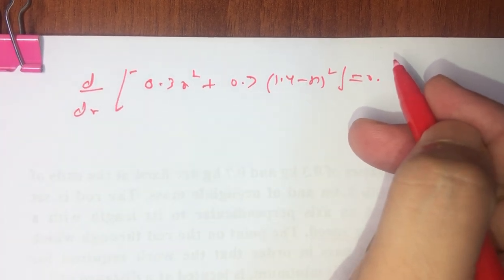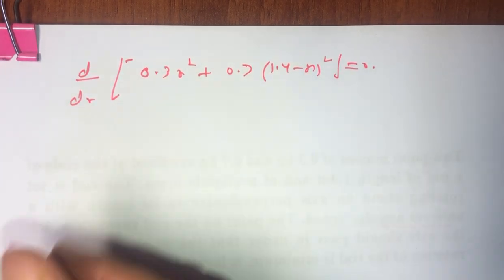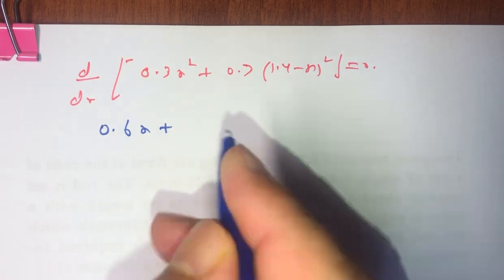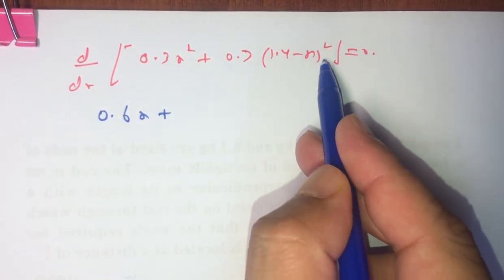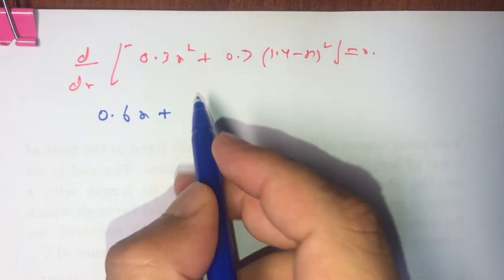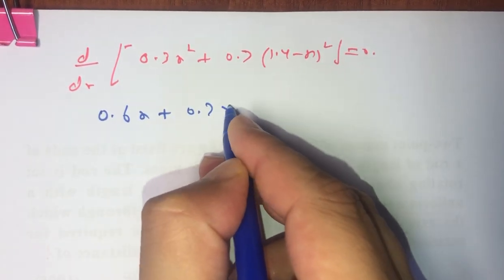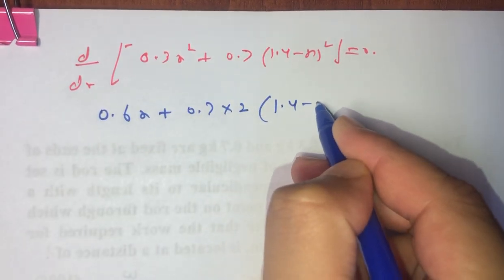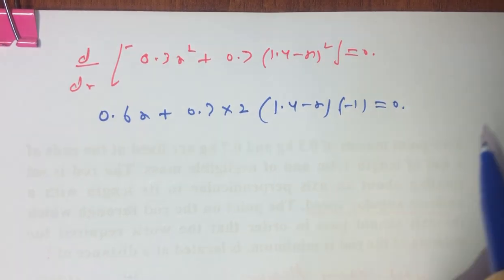So in order to differentiate, we are going to get this as 0.6x plus 0.7 multiplied by 2 times 1.4 minus x, and minus 1, is equal to 0.